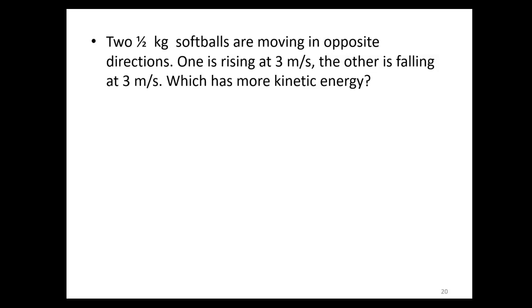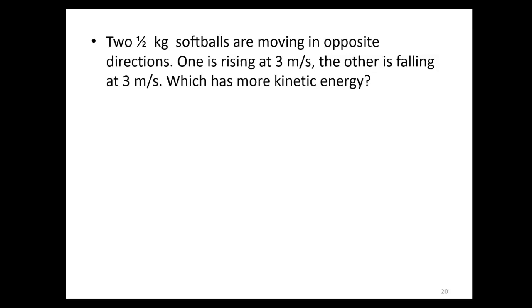If we have two softballs moving in opposite directions, but with the same speed. One is going up in the air at 3 meters per second. The other is falling at the same speed. Of course, its velocity would be negative, since it's moving down as it falls. So they have the same speed, but their velocities have different signs.